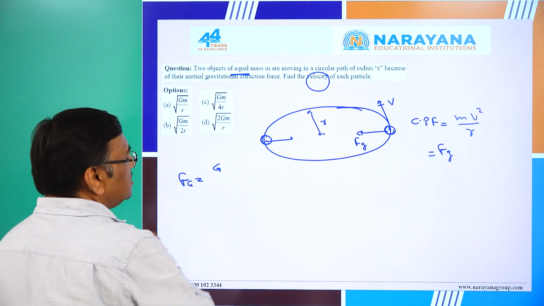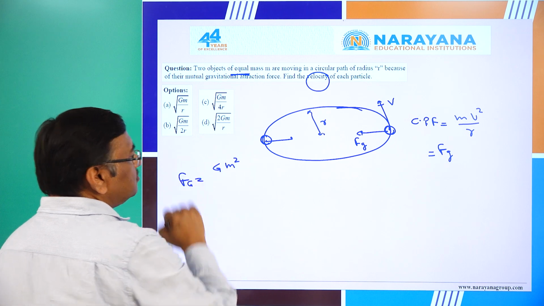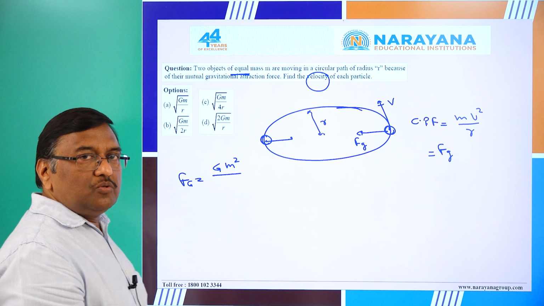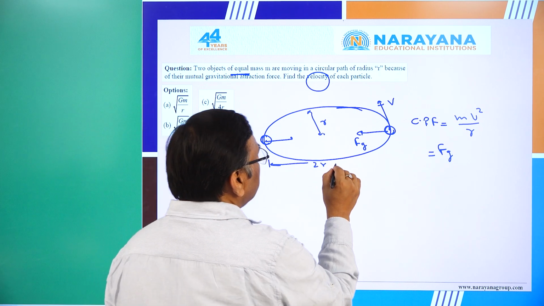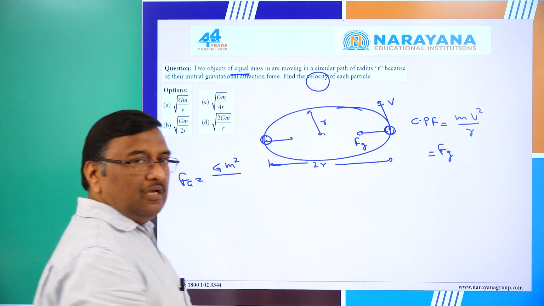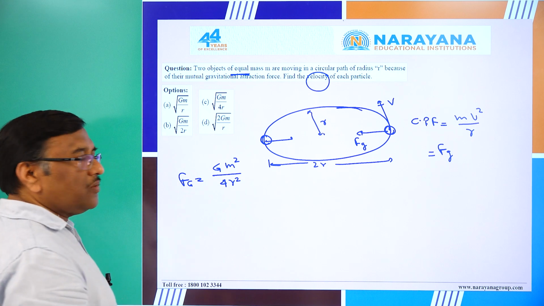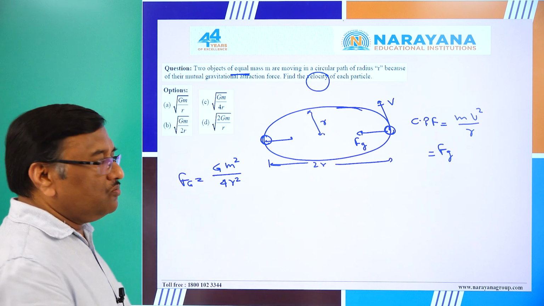It is G, universal gravitational constant, into the mass m1 into m2, being equal, I can take it to be m square, divided by the distance between the two masses. And here the distance between the two masses, we have to be careful, it is going to be 2r. That means this distance squared is going to become 4r square. This gravitational force is equal to centripetal force. So what we can say?